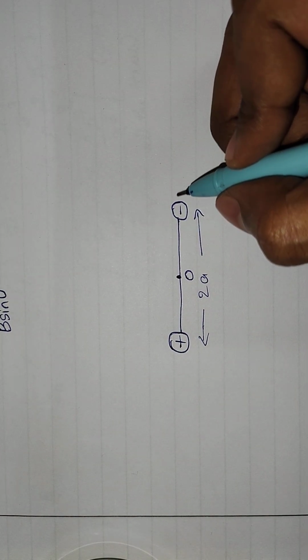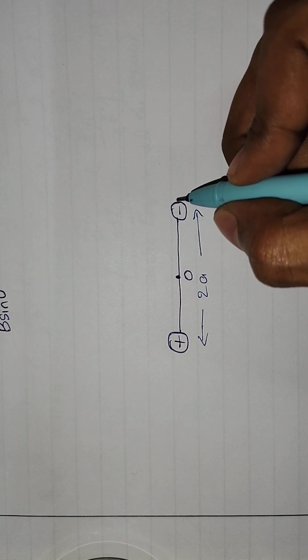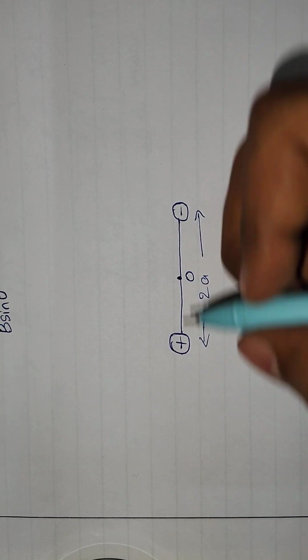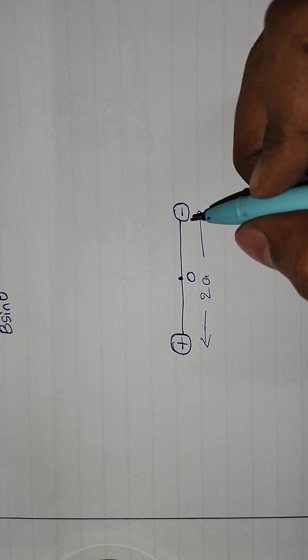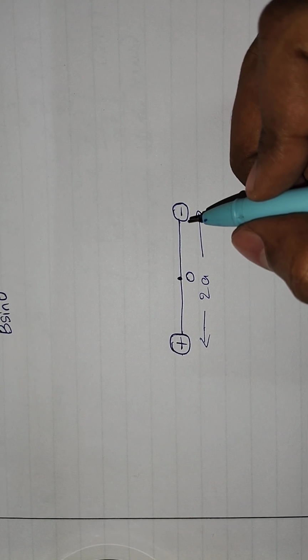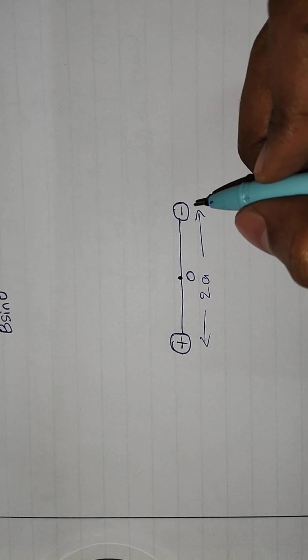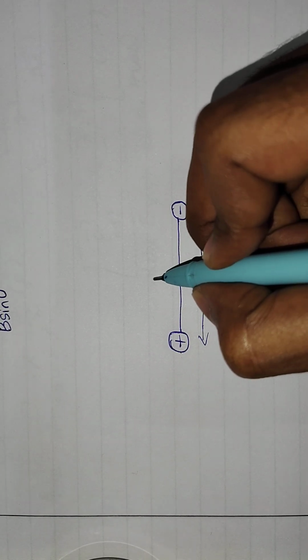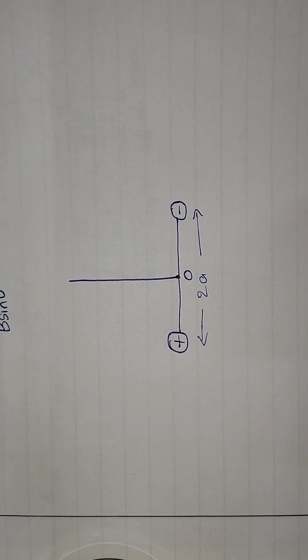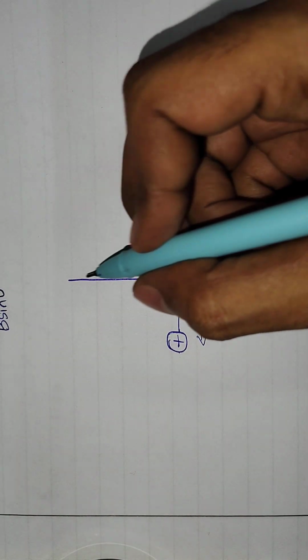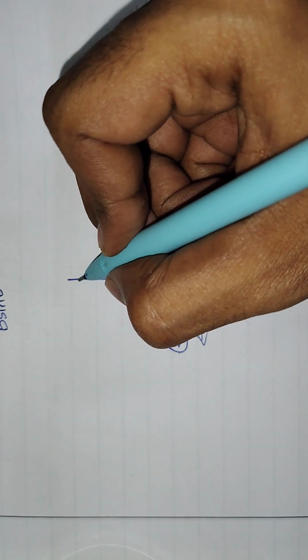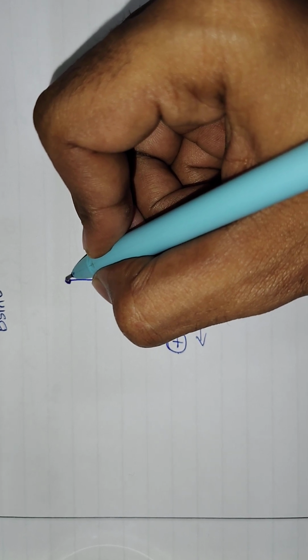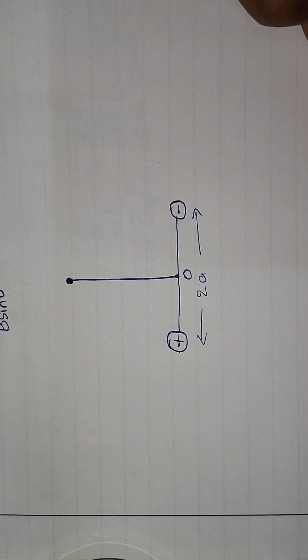Any point on this horizontal line, if you extend this way and this way, is called an axial point and the line is called the axial line. Now to find the equatorial line, you draw a perpendicular line to the midpoint of the dipole. This is known as the equatorial line and any point on this line is known as an equatorial point.